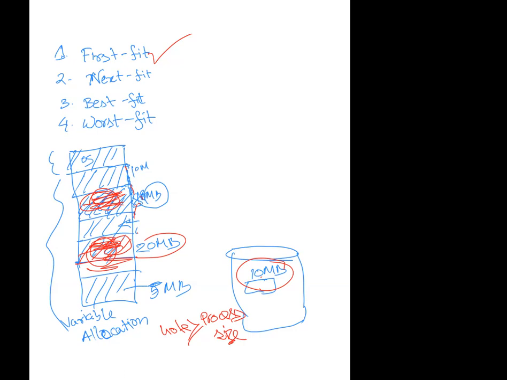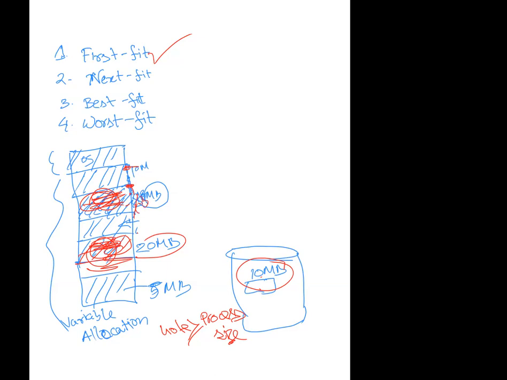There is one advantage for first fit. What is it? It's for the best case. It may find a space within the first few holes. For example, once it starts here, it finds there is a free 10 MB space and just fits this process.